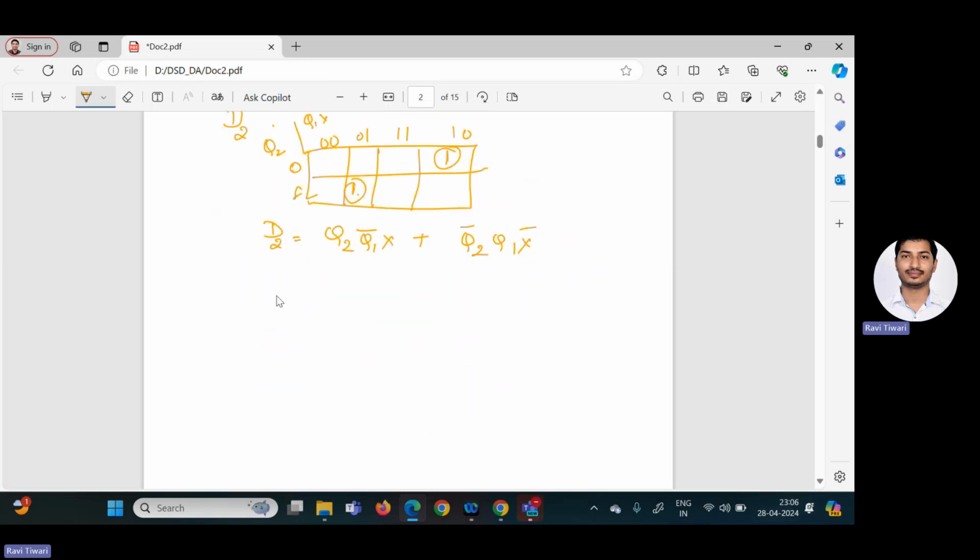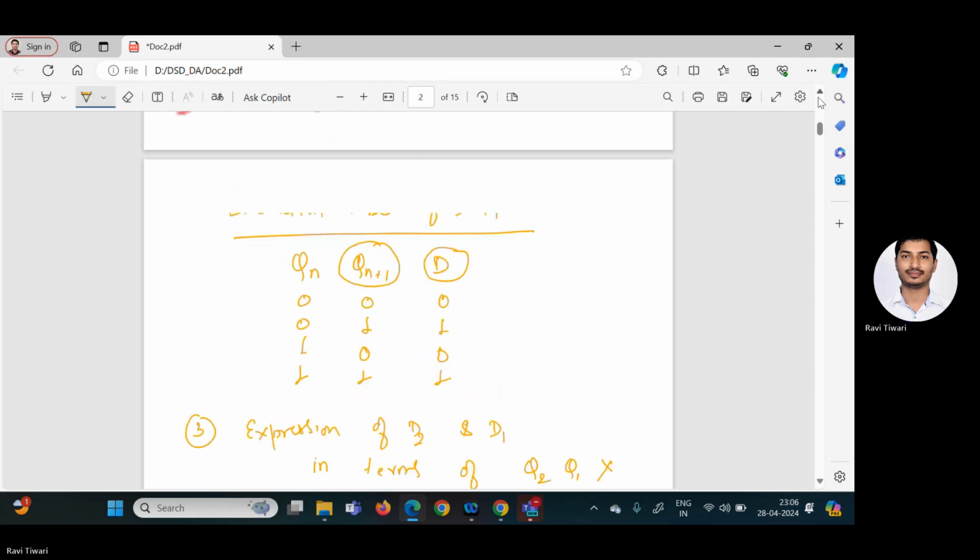Similarly, we can find out the expression of D1. So D1, again, we have three input variables. So here I am considering this is Q2, this is Q1 X, 0, 1. As in the K-map, we use the gray code. Now you see where it's present.